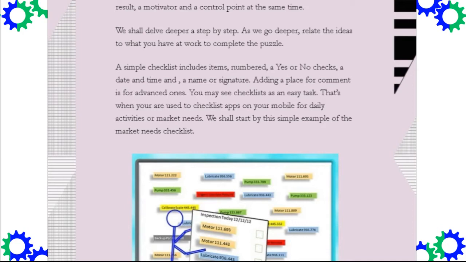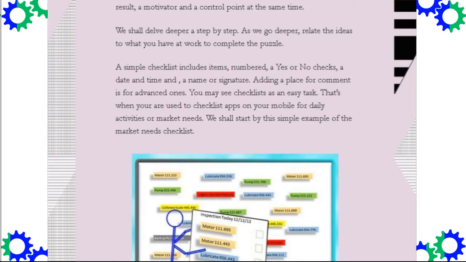You should name your checklist in a way that's representative, and you should include item numbers, and each item number should include some value to record, some check yes or no, date and time for the inspection, and who made this inspection or this check.